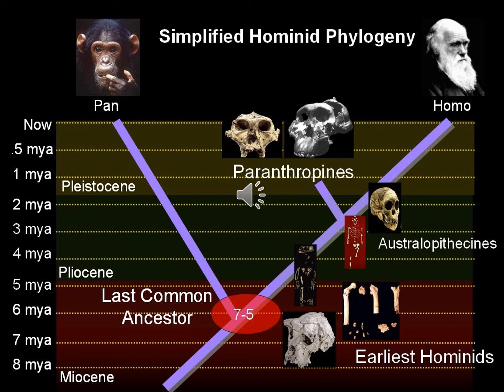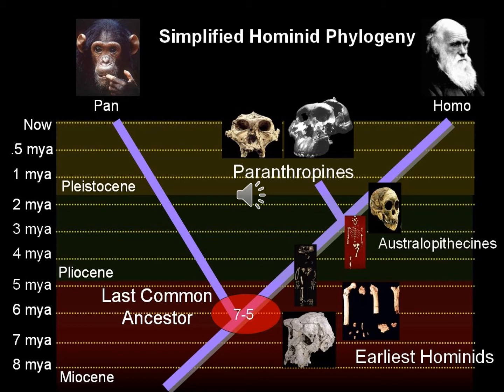So what happens is our lineage branches off and evolves away from the ape lineage. And this happens 5 to 8 million years ago, and then what you begin to see are early signs of creatures that actually share both ape and human characteristics. And then you have the Australopithecines and the Paranthropines.